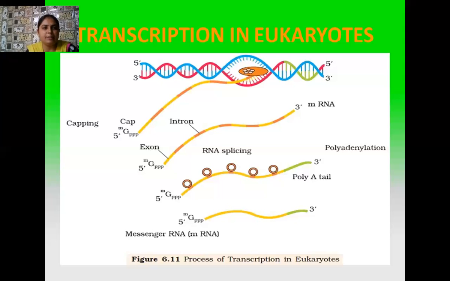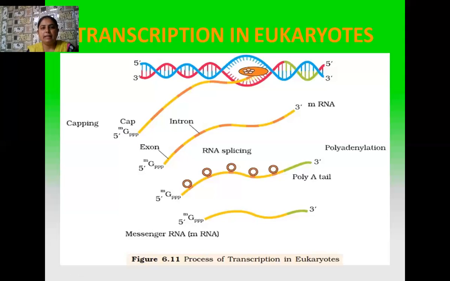After splicing, another processing step takes place in messenger RNA, known as capping of the messenger RNA. The capping starts at the 5' end of the messenger RNA. What happens? At the 5' end, methyl guanosine triphosphate is added. Methyl guanosine triphosphate is visible to you in this diagram. Here it is written small m, capital G, and 3 P's are there.